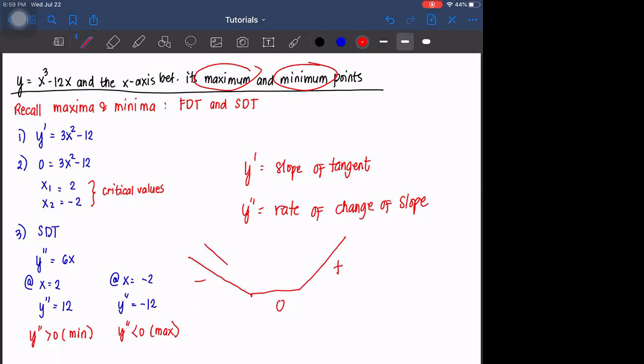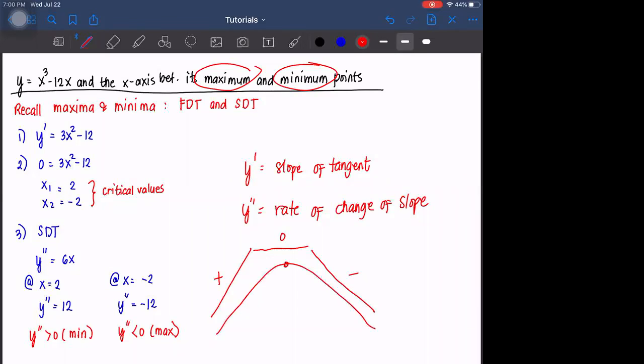Meaning minimum. Kani positive, unya mo 0, unya mo negative. Maximum point. Kay paubos man, decreasing. Okay?